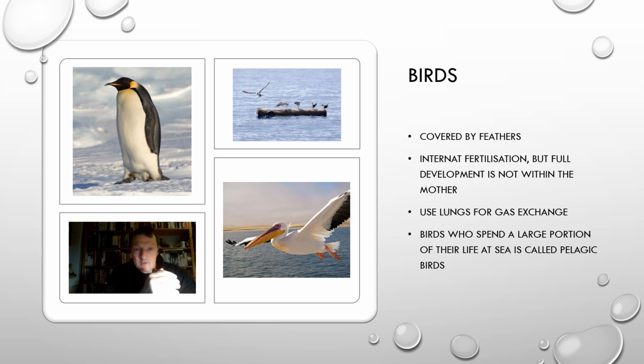And others, like the pelican, are specifically designed to hunt for fish on the ocean. So we see many different kinds of adaptation to marine life in birds. But when it comes to diving birds, the penguins are, of course, the kings.